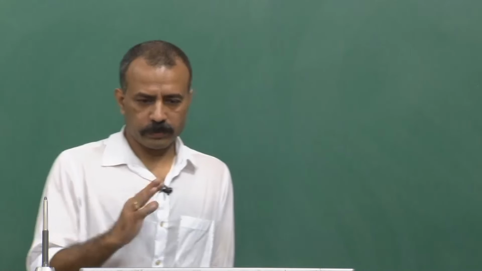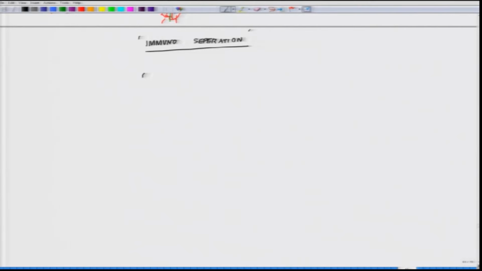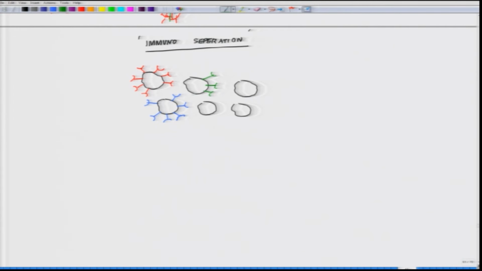Well, let me draw it, that will make more sense. Say for example, I have these different cells, same size, but they are of different types, I know that. How do I know they are of different types? I know that these cells have receptors like this. I am just showing the color coding, that way it will make more sense to you. And these are external receptors.